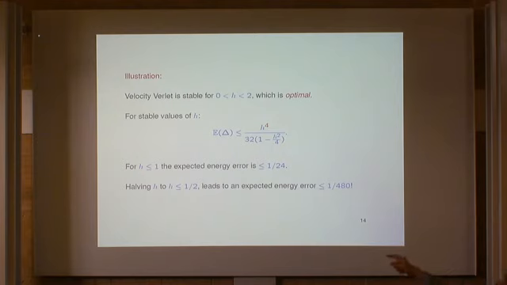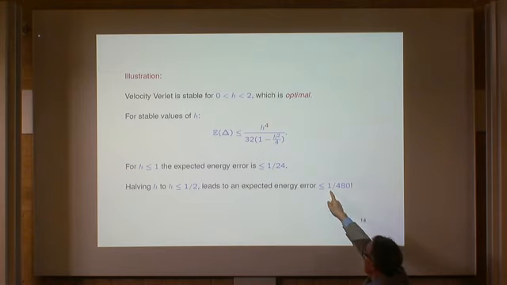So even if h is 1, which means that in the harmonic oscillator you only put about 6 points along a circle, then the expected energy error is only 1 divided by 24. And recall that before we were happy with errors of 1. And then if you have h at one half, then the expected error is less than 1 over 480, so this is very small. This is not a factorial, unfortunately.